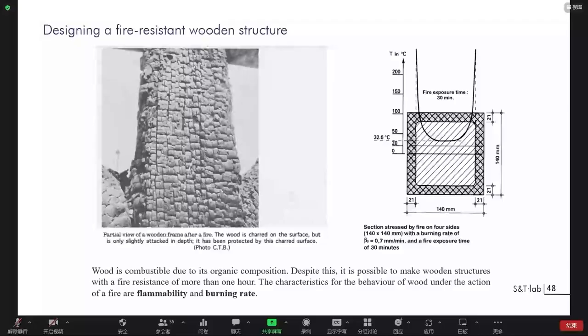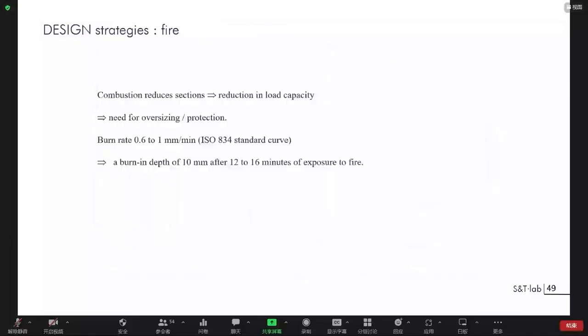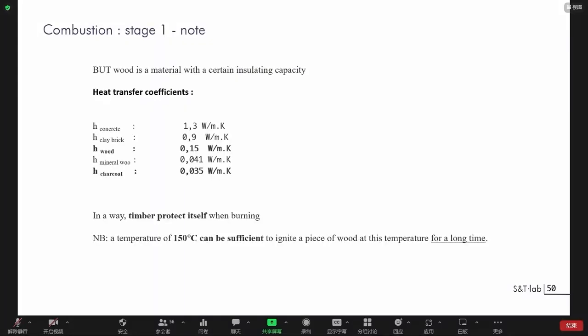And that's not that easy with steel, for instance, or with concrete, for instance. So you will have a burning peripheral zone, and this will be reducing the load capacity, and you need to oversize, and the burning rate will be in between 0.6 and 1 millimeter per minute. So providing some centimeters of protection will be guaranteeing that the system will be resisting fire.